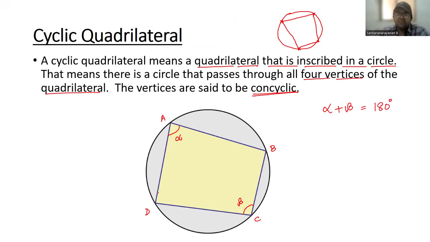In the same way, let me say that this angle is theta, and this angle here is phi. I can see that theta plus phi will also be equal to 180 degrees. So the result is that opposite angles associated with the cyclic quadrilateral are always supplementary to each other.